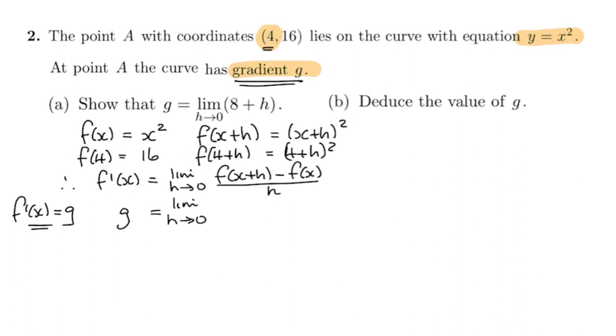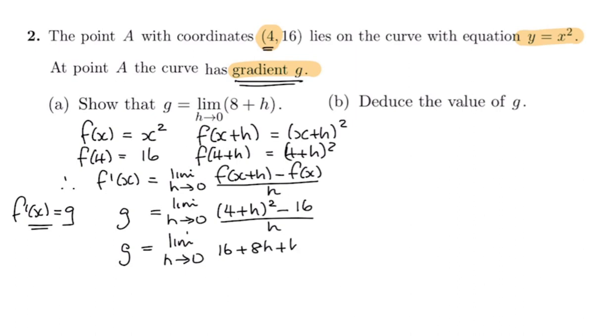We know that x is 4, so this is 4 plus h whole squared minus f of x, x squared, when x is 4, that gives us 16, divided by h. g equals the limit as h tends to 0, and we're going to expand, so we get 16 plus 8h plus h squared minus 16 over h.